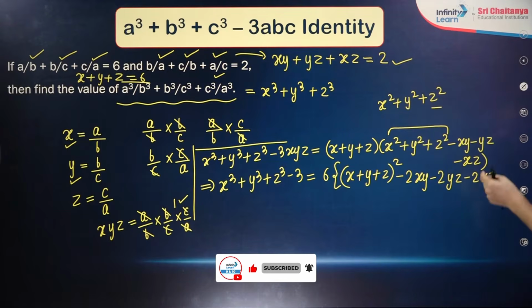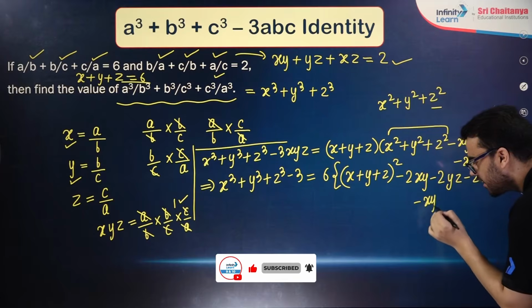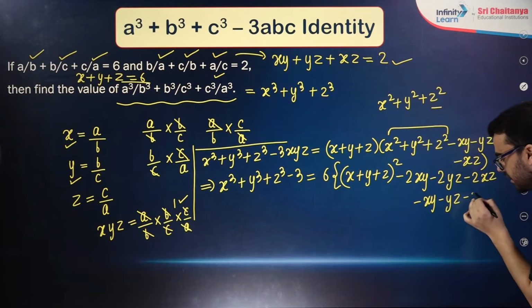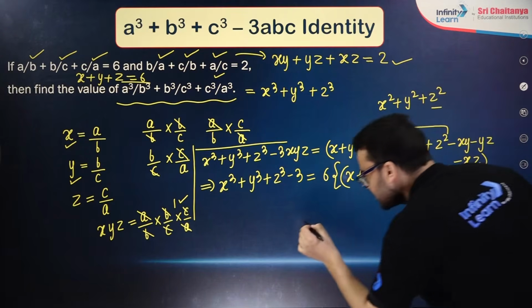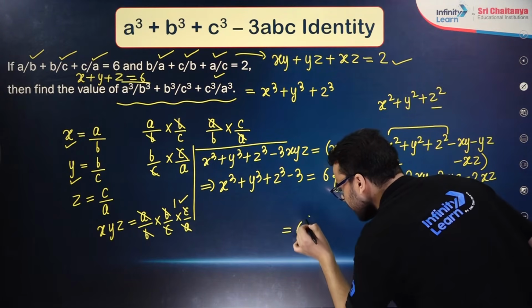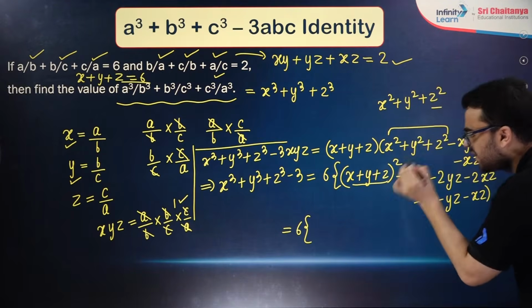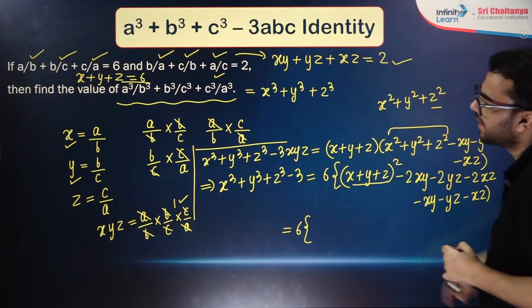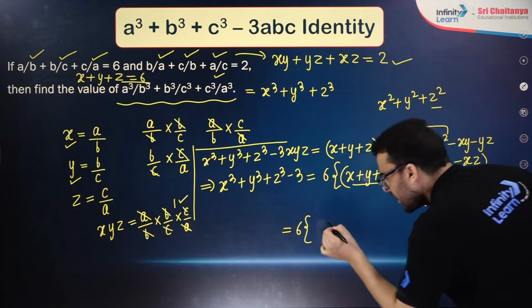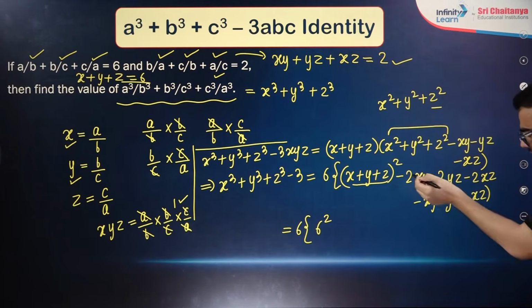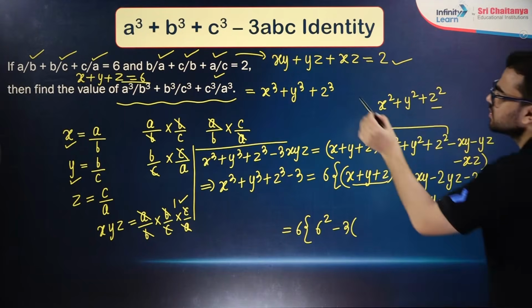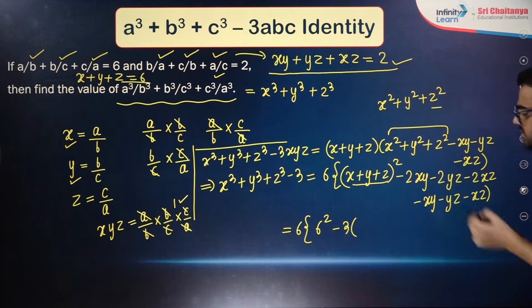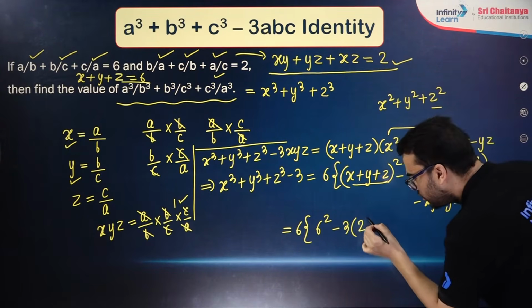Now you see, xy, yz, xz is already there as per this question. Basically, this is nothing but 6 square, since x plus y plus z is 6. And this is nothing but minus 3 times xy plus yz plus xz, and that is equal to 2 only.